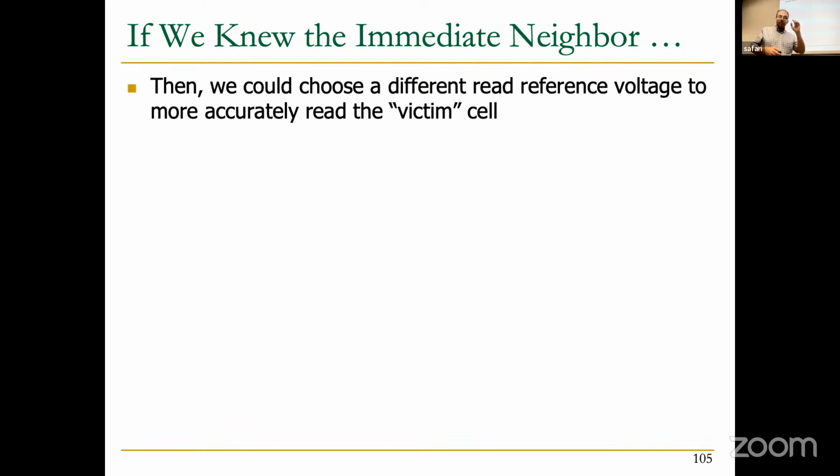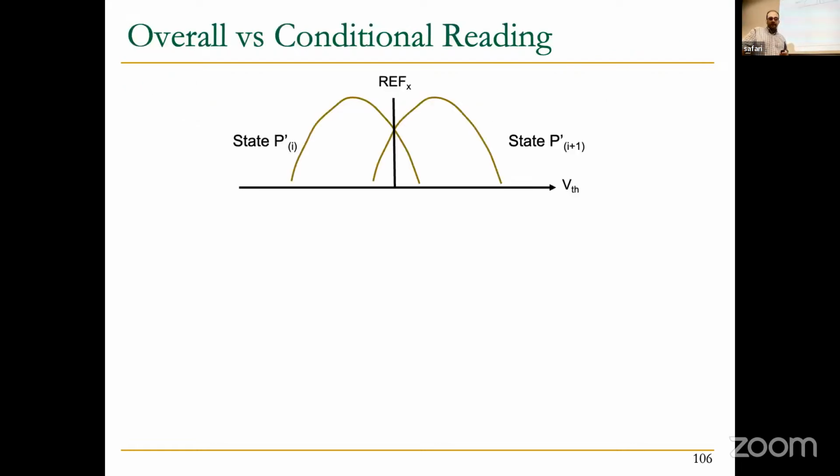So when we know it, we could choose a different read reference voltage to more accurately read the victim cell. So when you want to, for example, read a cell where you know the value for the immediate neighboring cell was 1, 1, you set the reference voltage to this red line, right?